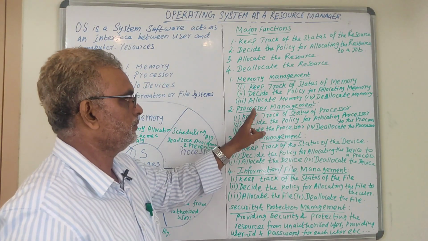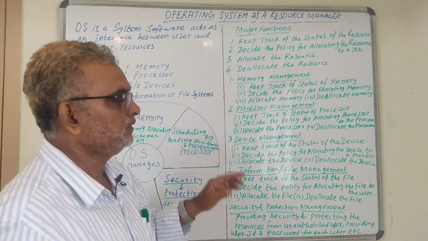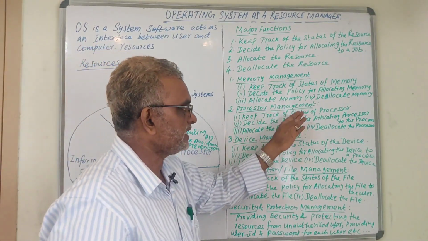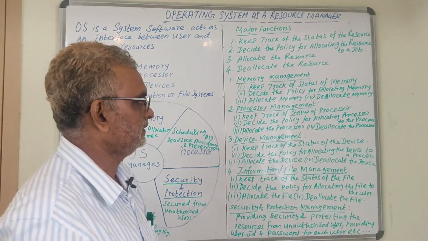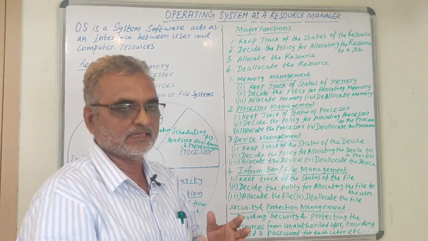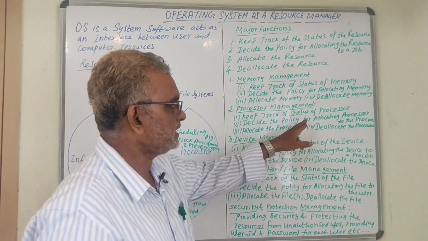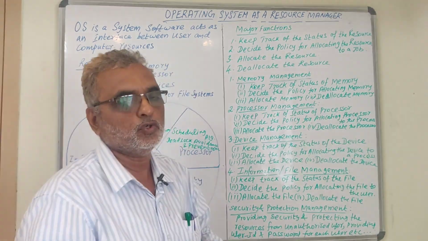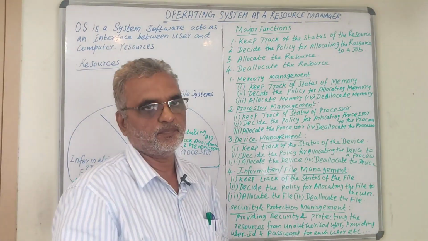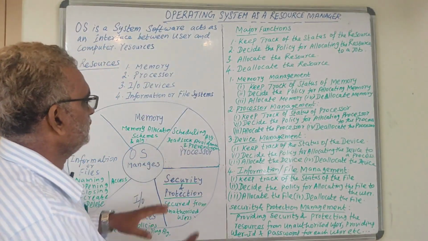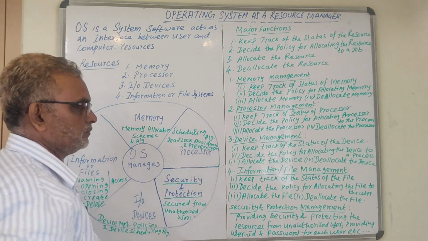Number 2, processor management. First thing, keep track of the status of the processor, whether the processor is busy or idle. Number 2, decide the policy for allocating the processor to a particular process. For that we have different scheduling algorithms.